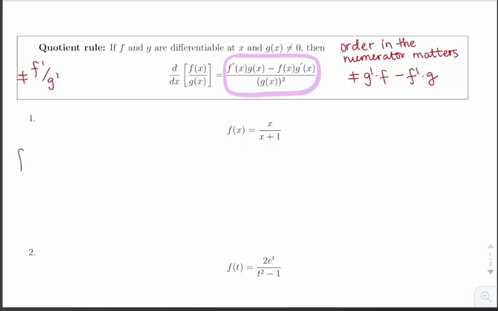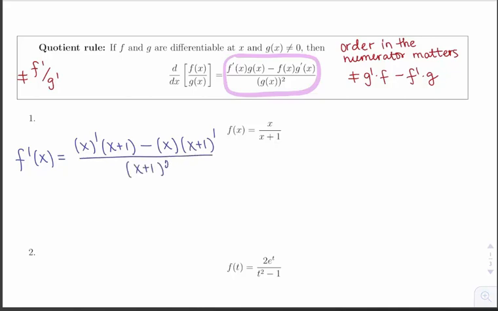All right, f prime of x would be the first one prime times the second one minus the one on top times the one on the bottom prime all over x plus 1 squared. Just like with the product rule for the first few examples, I recommend that you set it up like this, following the formula to a T. And then once you get enough practice, you can skip the steps.